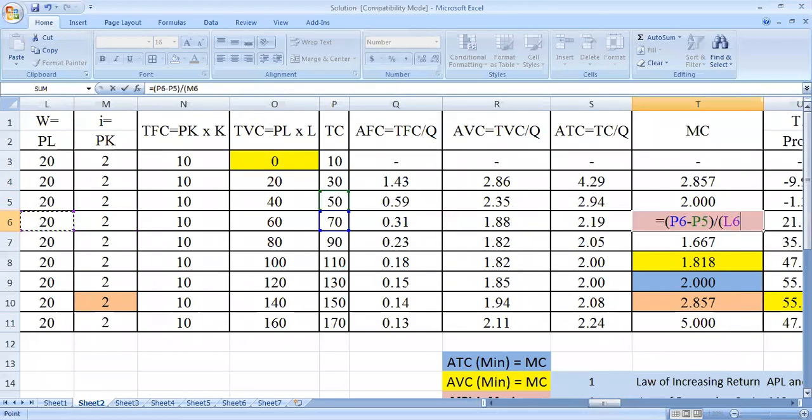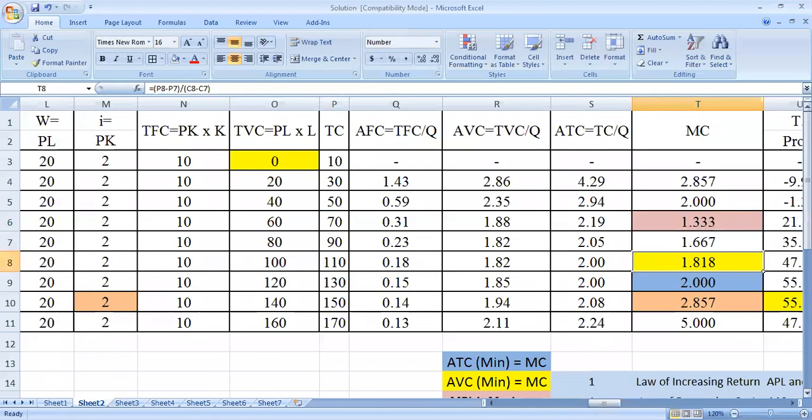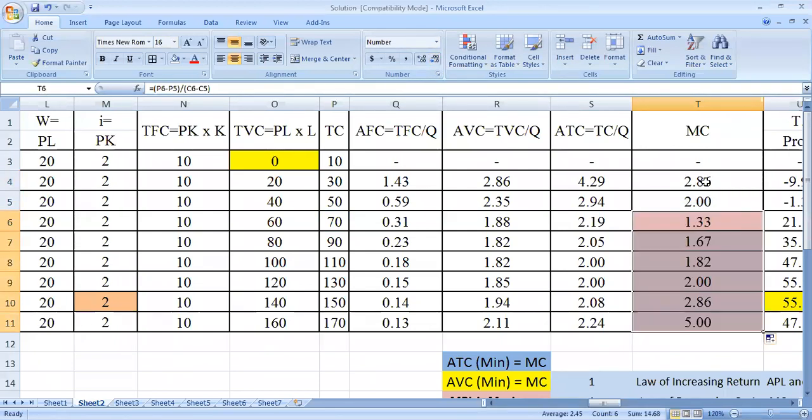Now let's divide it by change in output, which is 32 minus 17. The answer is 1.33, right? Now let's remove the remaining information. After dragging these cells, we'll obtain the entire column for marginal cost.